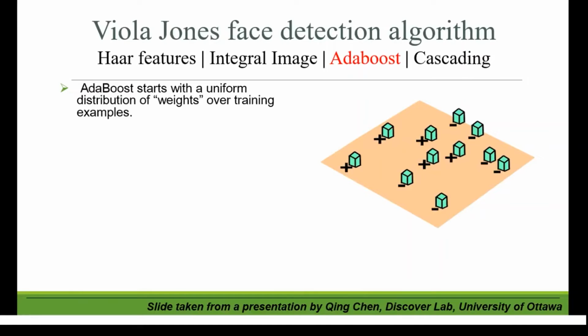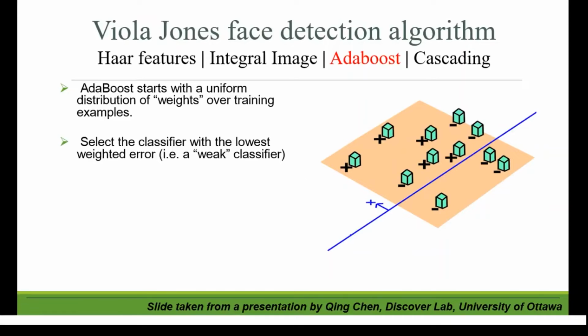So I'll tell you how AdaBoost works. Suppose these are positive examples and these are negative ones. What AdaBoost does is, first of all, it gives a uniform distribution of weights over all the training examples. Now suppose we select a classifier with the lowest weighted error, the one which classifies most accurately.